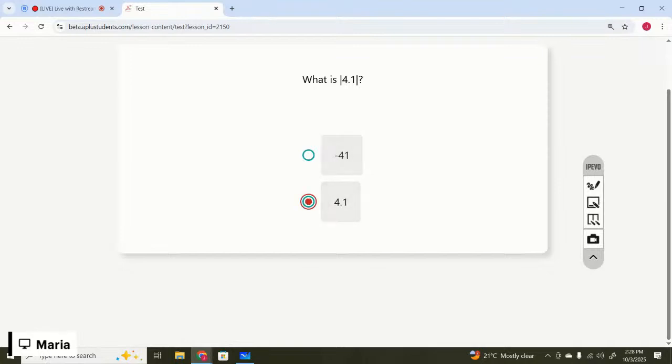That is 4.1. Option number 2 is the correct option.